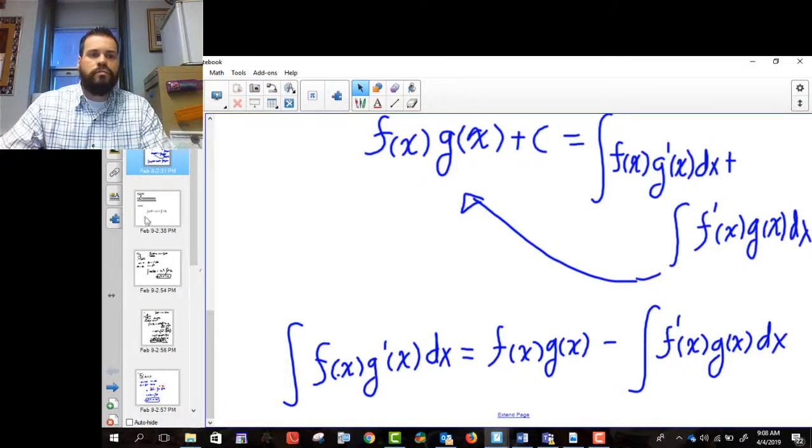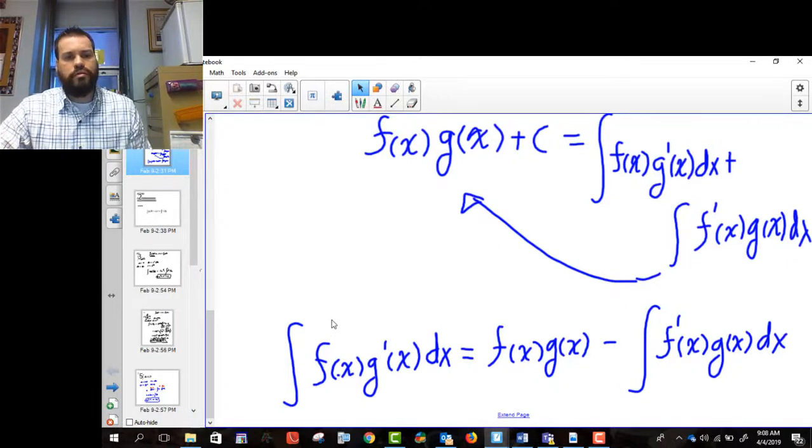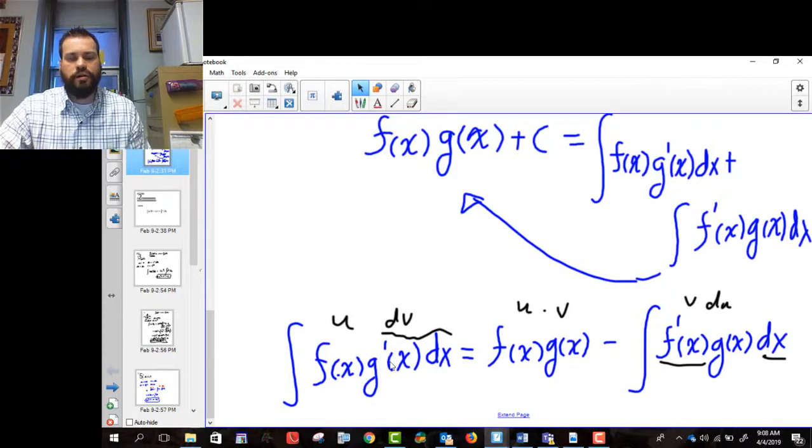We write this a little bit easier in terms of notation by replacing f of x with u and g prime of x dx with dv. Then we get u times v minus the integral of v du, where f prime of x dx is the derivative of u if u is f of x, and g of x is the integral of dv, which gives you v.